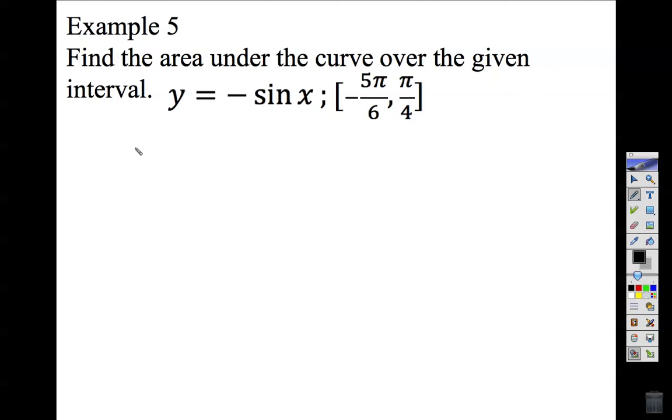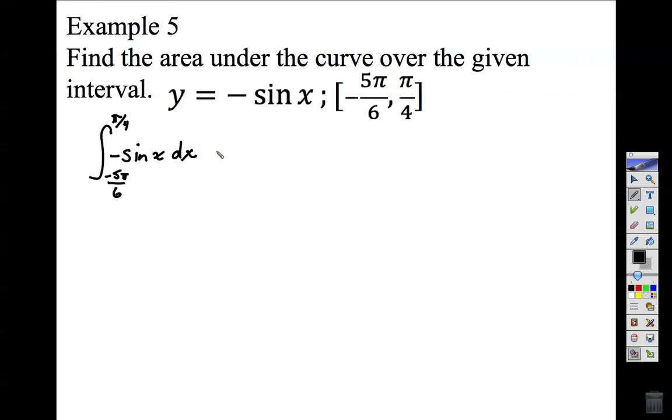Area under the curve means I'm taking the definite integral of negative sine of x dx, and these are our limits, -5 pi over 6 and pi over 4.